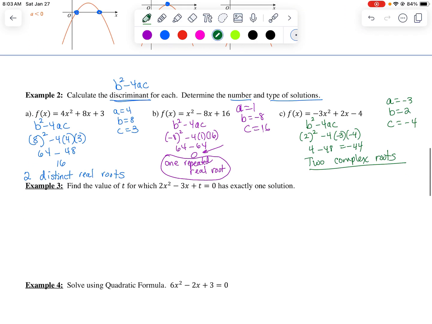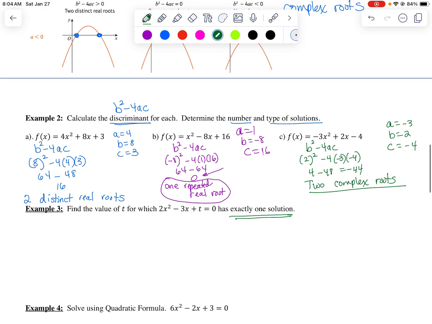All right, example 3. It says find the value of t for which 2x squared minus 3x plus t has exactly 1 solution. All right. So Algebra 2 has been about thinking and analyzing. And you've heard me say multiple times, let's play the what do I know game.